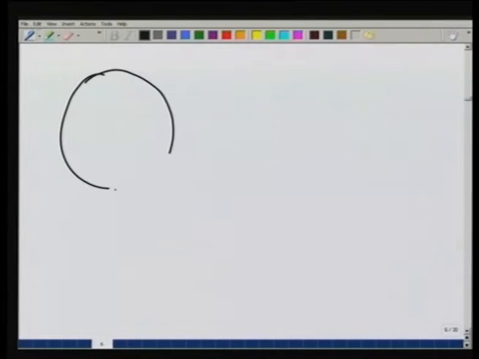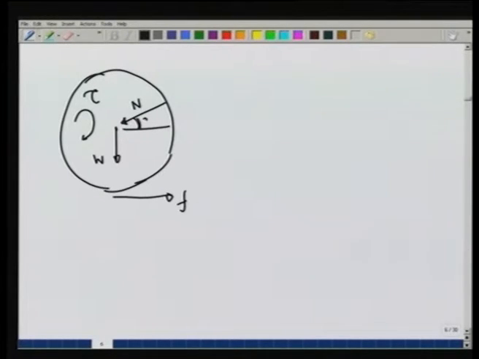Similarly, let me make the picture again. Here is the weight W, here is F, here is normal reaction N, here is the torque tau, this angle is 30 degrees.